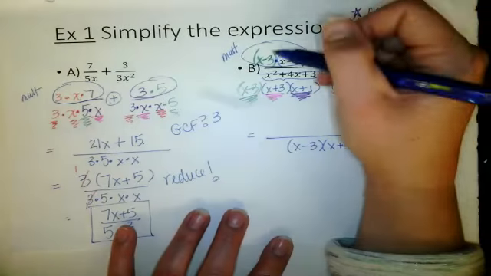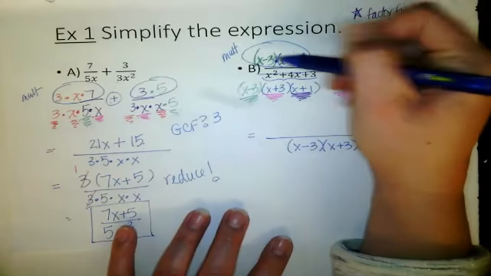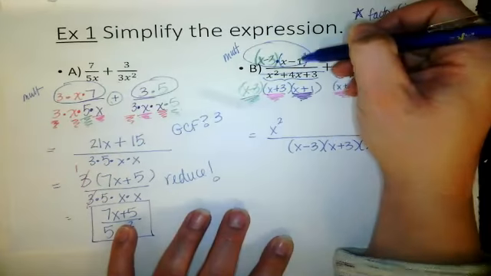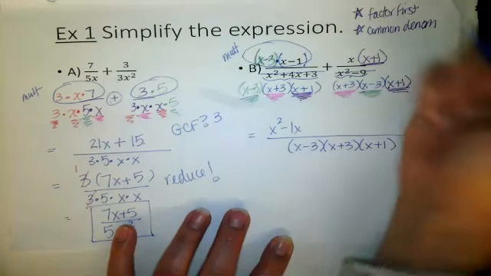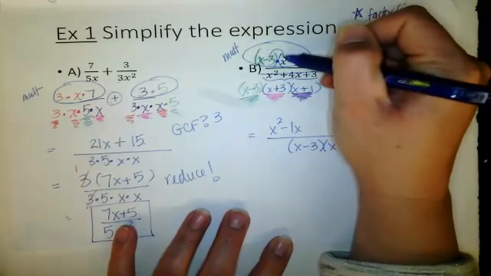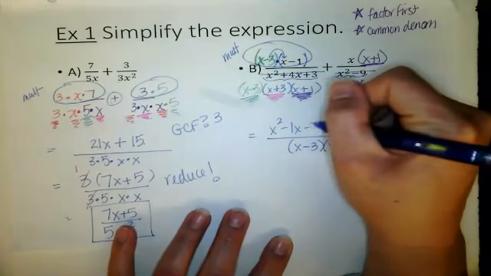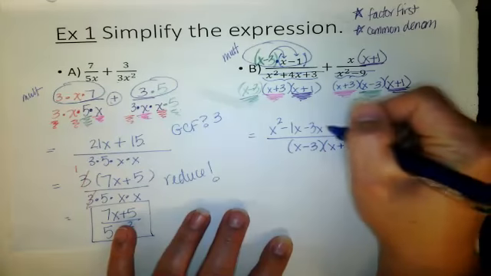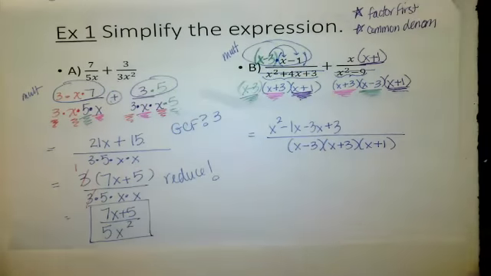Yeah, lots of distributing here. We have to distribute. X times x is x squared. X times -1 is -1x. -3 times x, -3x. And -3 times -1 is +3. Lots of distributing.